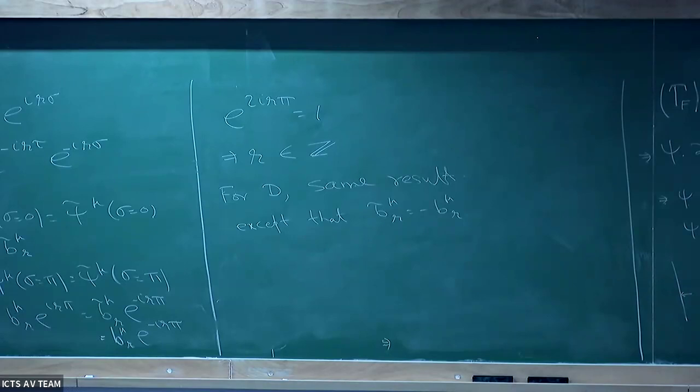So that's the only difference. That component of P along the D direction is 0, so the alpha mu 0 won't be there for the DD. So the integer. Exactly. Is this clear?